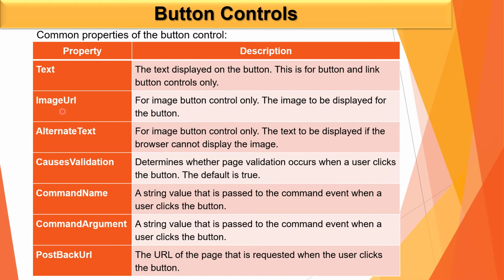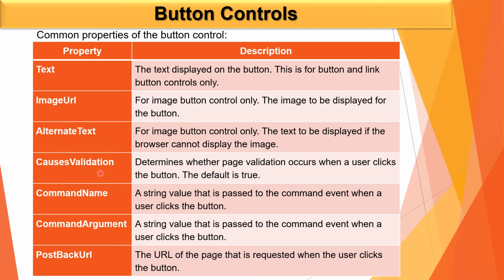Next is ImageURL. This property is used for the image button control only; the image will be displayed for this button. The next property is AlternateText. In the image button control only, we can use alternate text, which is the text to be displayed if the browser cannot display the image.